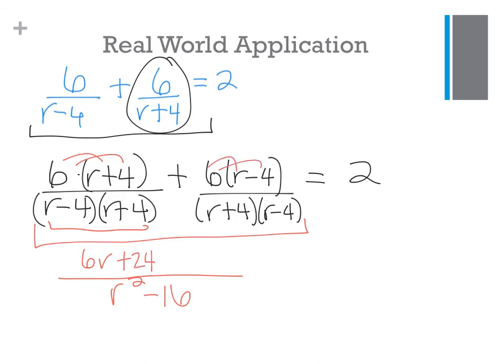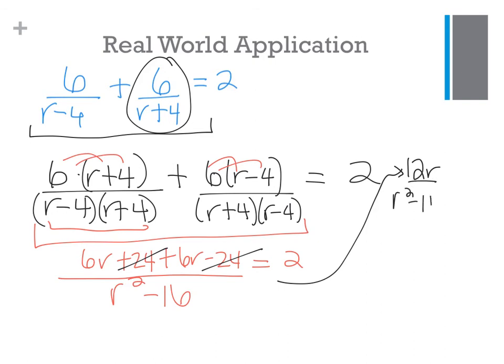And if I distribute the 6 here, I get 6r minus 24 equal to 2. And on the numerator, the positive 24 and the negative 24 cancel each other out. And you're left with 12r over r squared minus 16 equals 2.